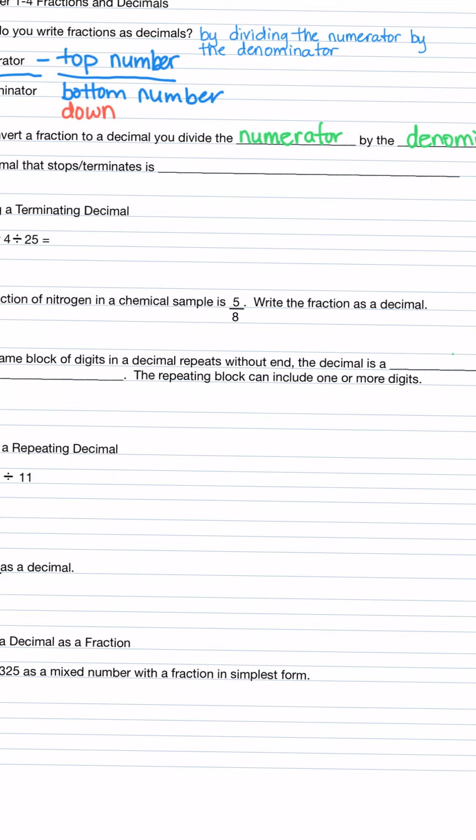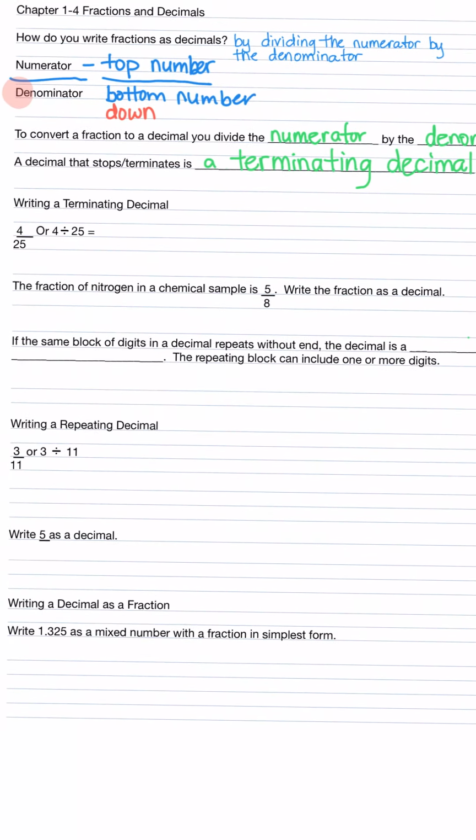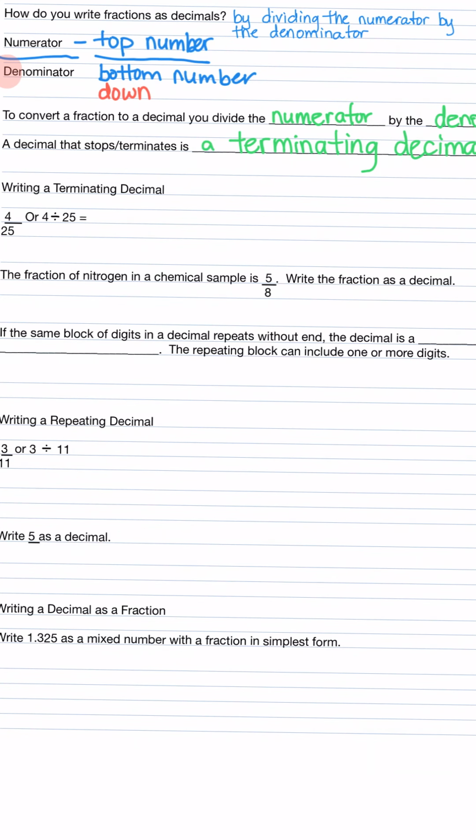A decimal that stops or terminates is called a terminating decimal. So here's an example of a terminating decimal. 4/25, so 4 is the numerator, 25 is the denominator, so therefore we're going to divide 4 divided by 25. So you might write it like this. 25 goes into 4.